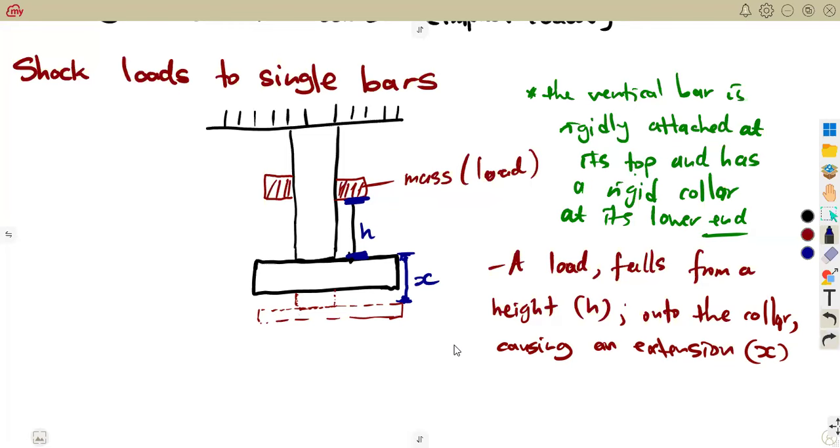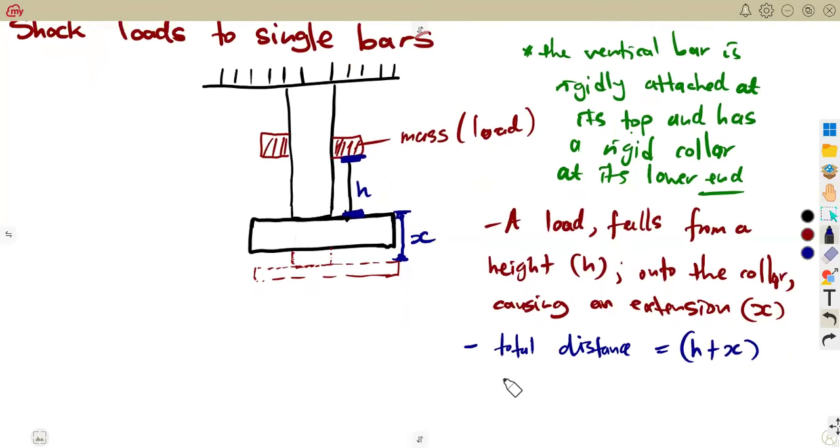So we're now talking of what? The total distance. So the total distance is going to be equal to what? H plus X. You have to add H plus X. This is the total distance which the mass has fallen.